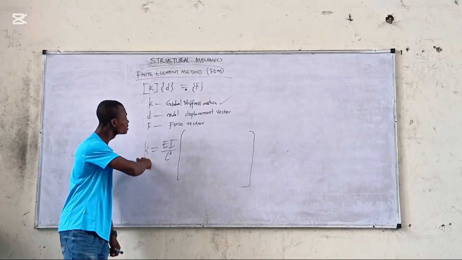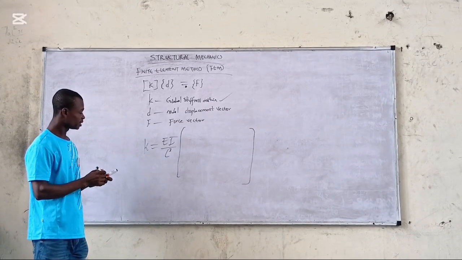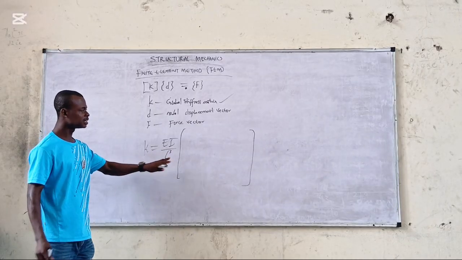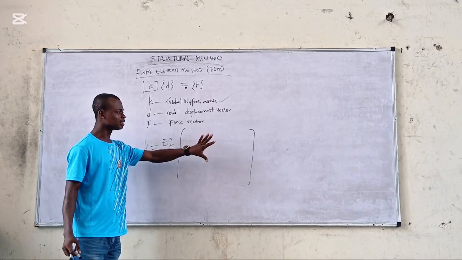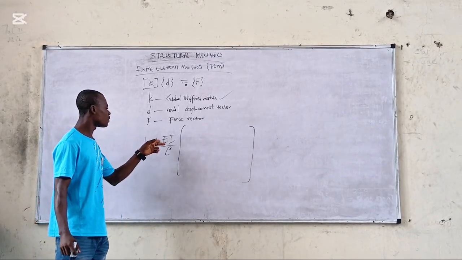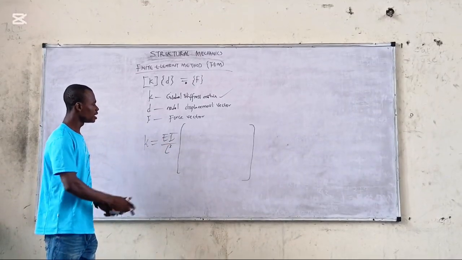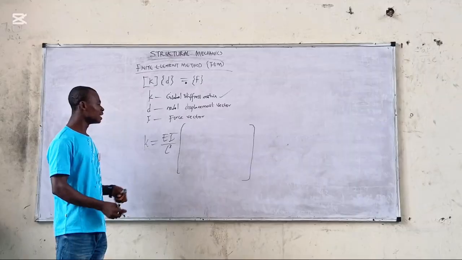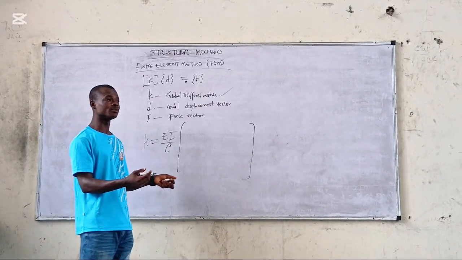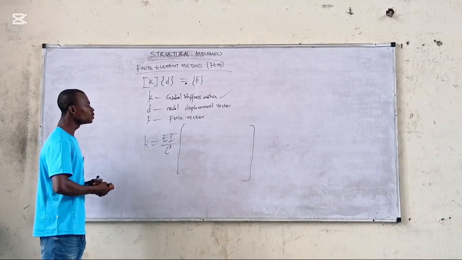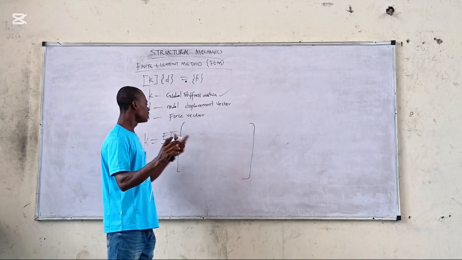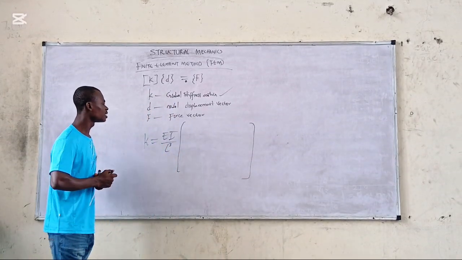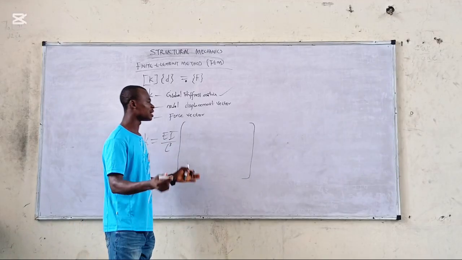Our global stiffness K has the formula EI over L cubed, then the entire matrix itself, where E is the Young's modulus, I is the moment of inertia, and L is the length of the section or the length of the beam in consideration. So, this matrix is what I want us to look at, the standard formula.